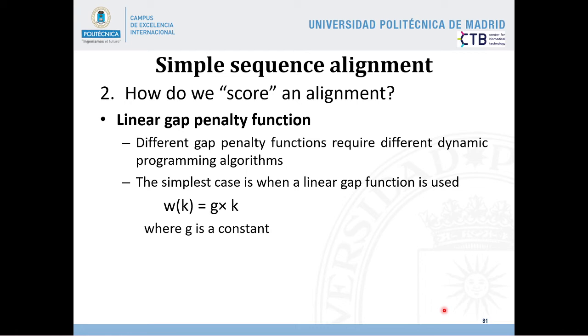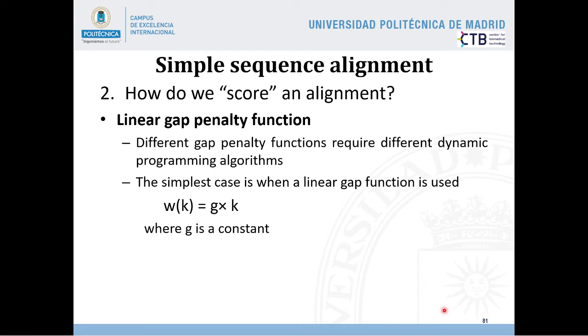Okay, for gap penalty functions, the most basic one is a linear gap penalty function. When we have different gap penalty functions, we require different dynamic programming algorithms. We will see it later. The simplest case is when a linear gap function is used.